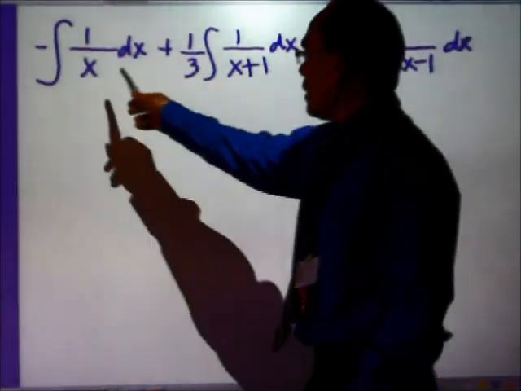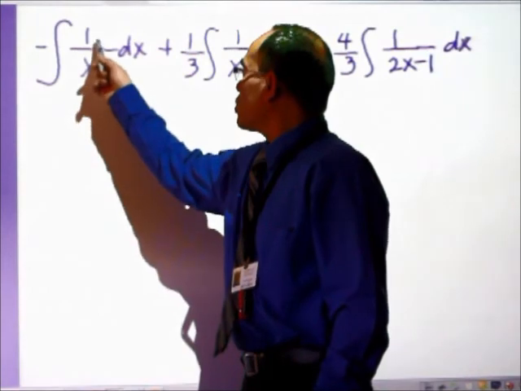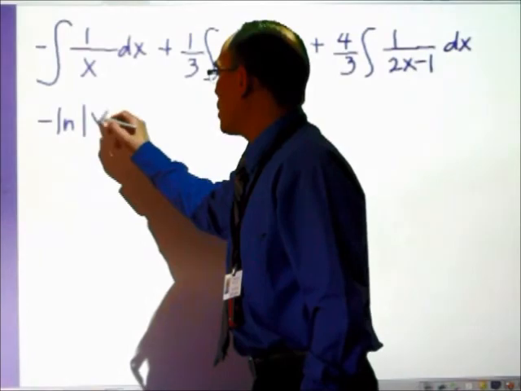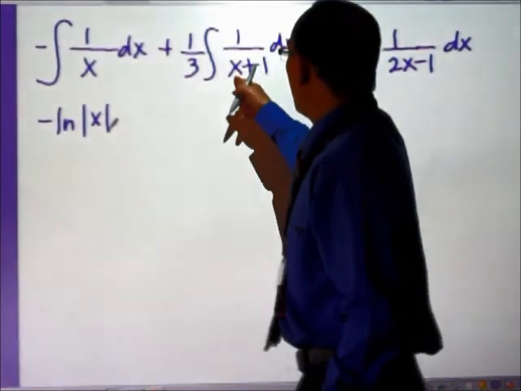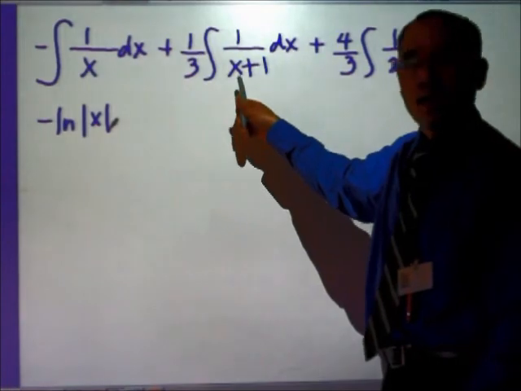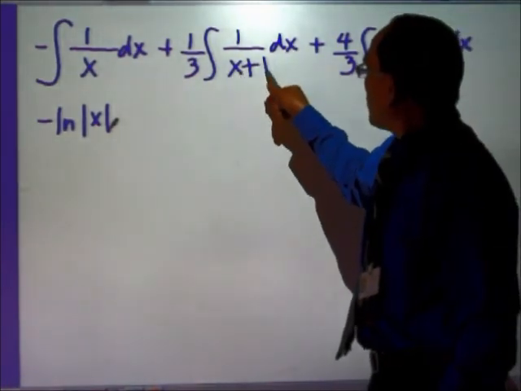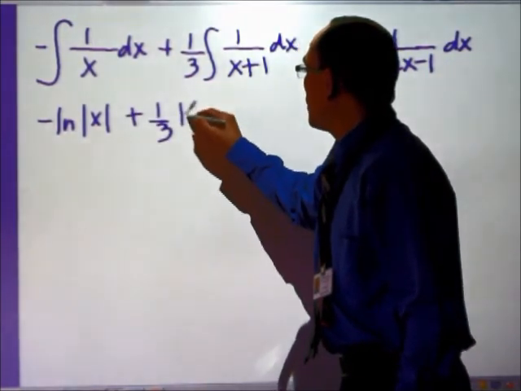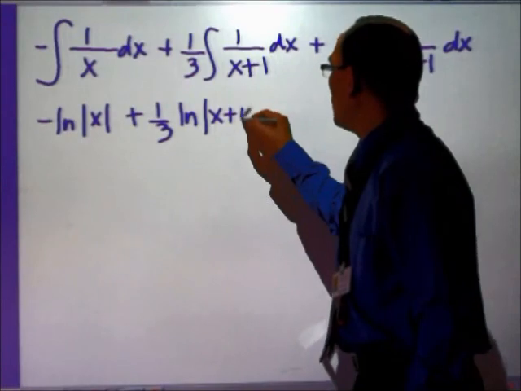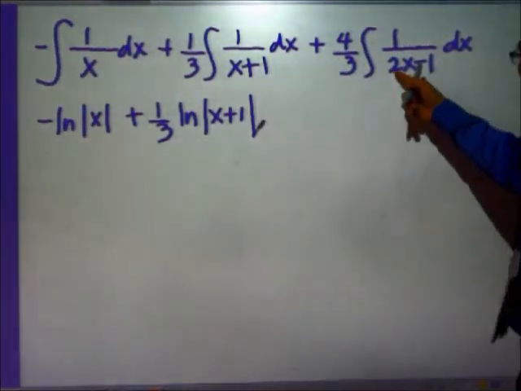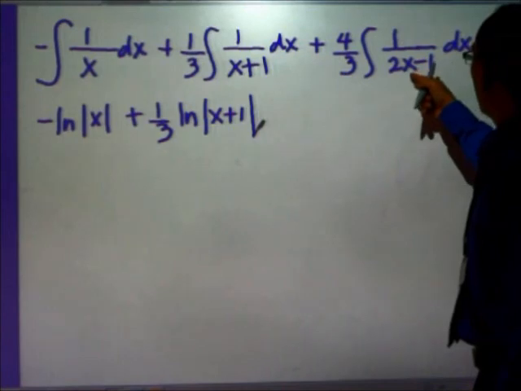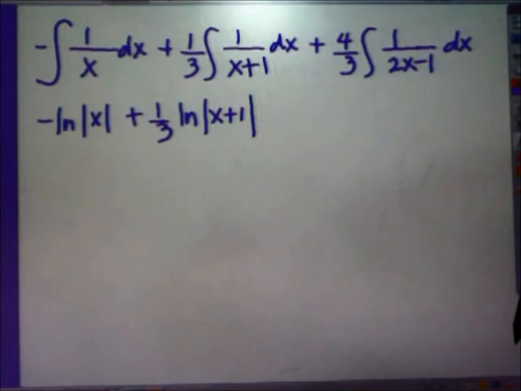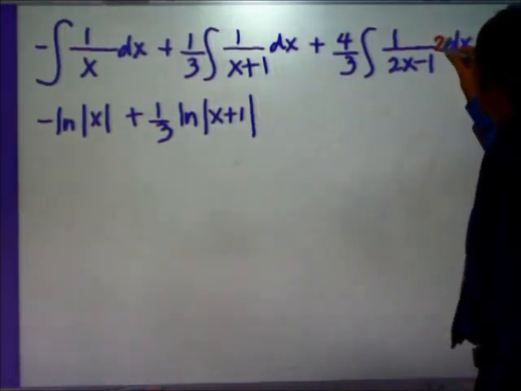So again, it looks like the derivative of x is just 1, so we can now say this is just ln of the absolute value of x. And this part here, it looks like the derivative of x plus 1 is also 1, so we can have 1/3 ln of the absolute value of x plus 1. And in here, the derivative of 2x minus 1 is not 1, but it's 2. So that means we need a 2 here.